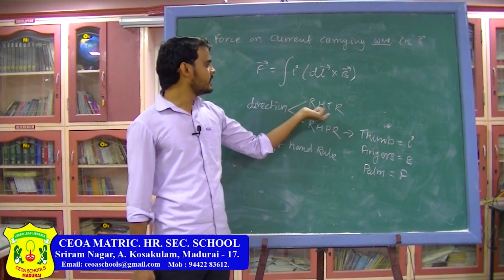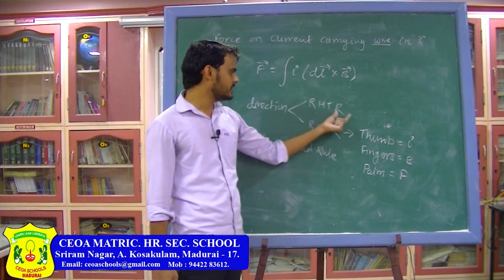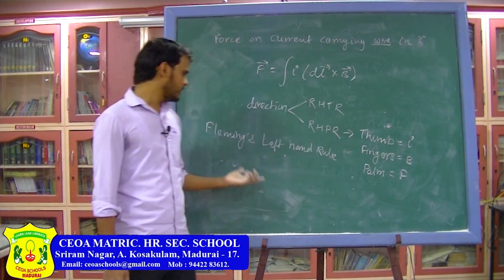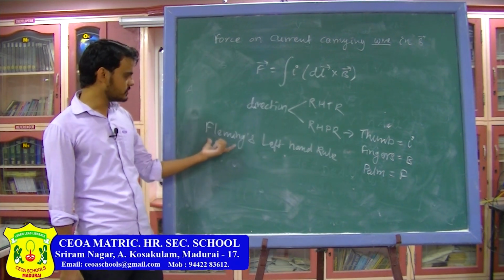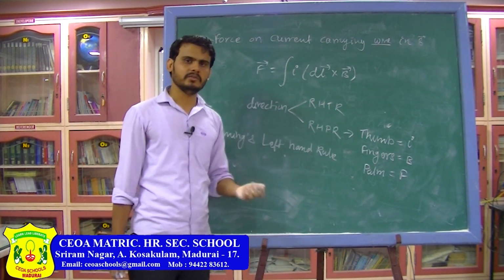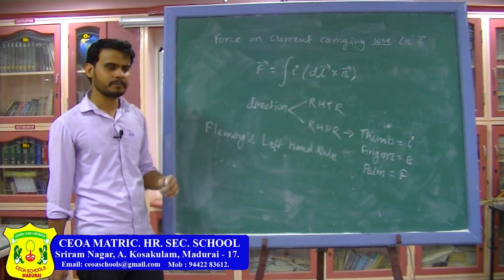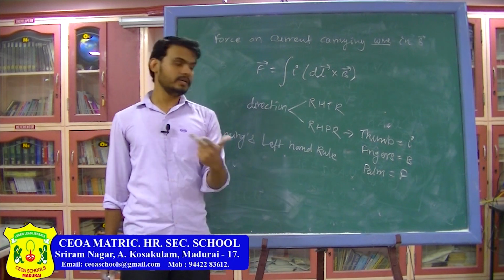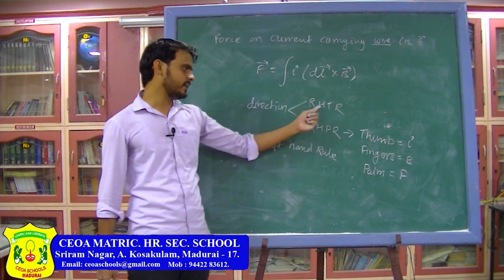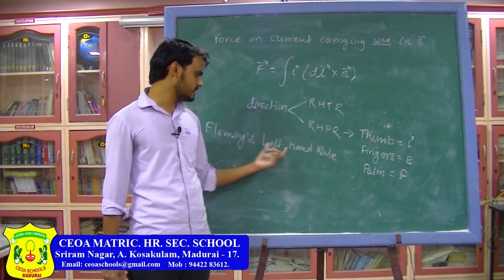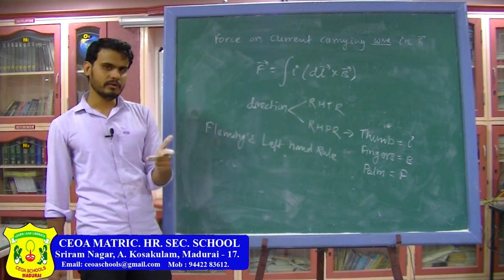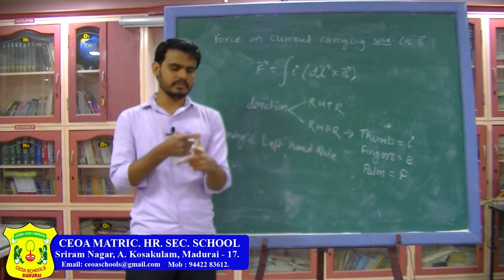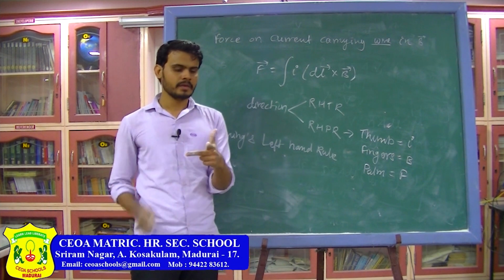From this formula you can say that the direction can be found out by the right hand thumb rule or the right hand palm rule. In your book they might mention this also as another law to find the direction of magnetic force on a current carrying wire. In that one you have to take your left hand. Remember, these two are right hand rules and this is a left hand rule. So you take your left hand and arrange your fingers and thumb like this.